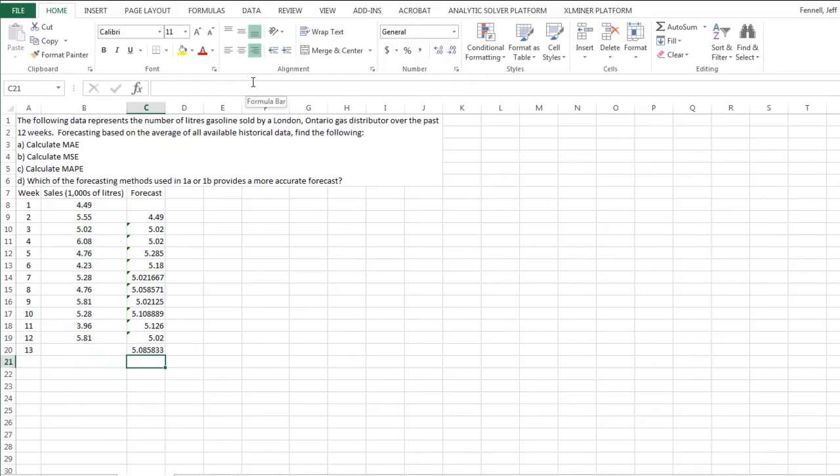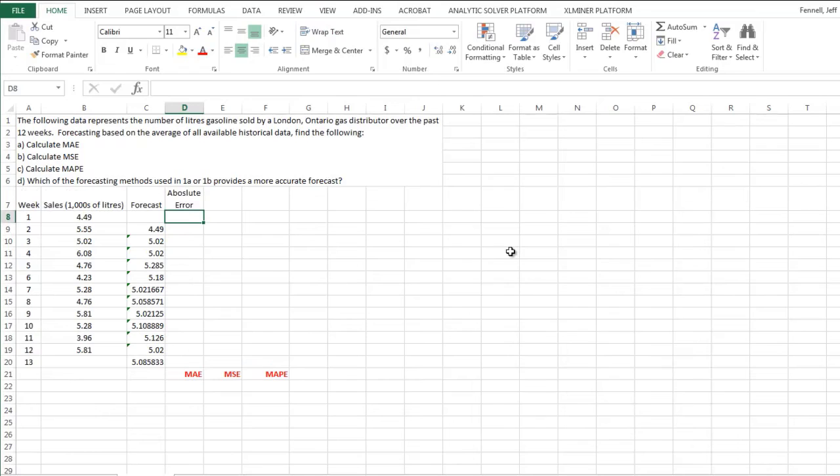So now we need to determine our three measures of forecast accuracy, MAE, MSE, MAPE, beginning with our absolute error. Again, we cannot calculate absolute error in the first period because we don't have forecasted sales. This would be the absolute value, or the Excel function ABS, of actual sales minus forecasted sales.